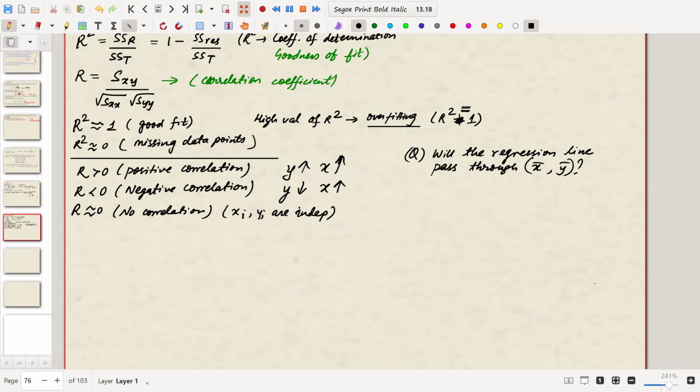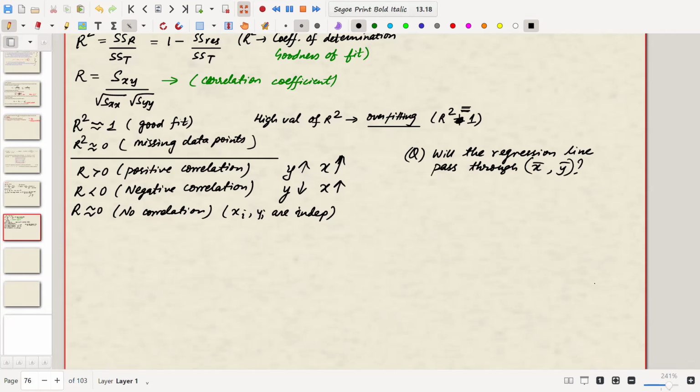They will say, consider a set of data points I have given to you, and I want a simple linear regression line to be fitted. You say, Y equals W0 plus W1x. Then they will ask, will the regression line pass through the mean of each of them? What should be your answer?